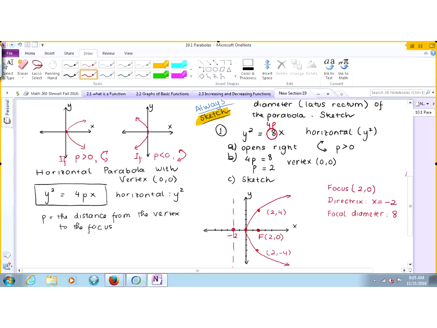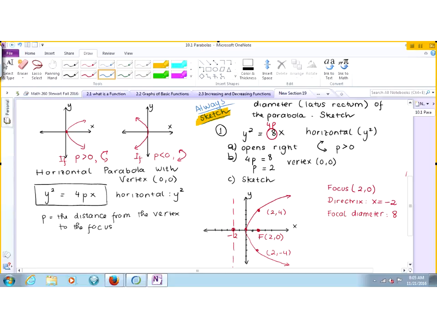This is easy. So you see how we graph it differently? Good. Okay, so how did you get the directrix? Good question. Remember, we always start at the vertex, and p is your distance to the focus. It's also the same distance to the directrix, but on the other side.